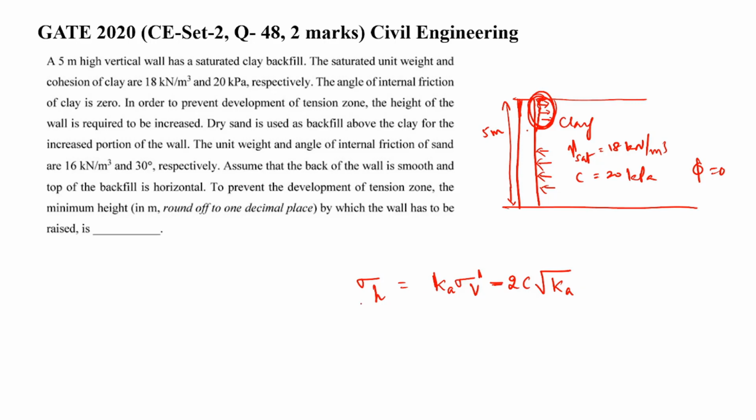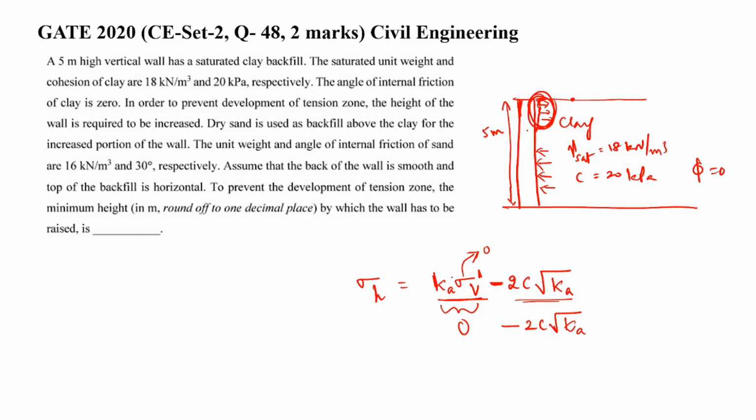At the top portion, what happens? This will be 0 because at the top surface there will not be any vertical effective stress. Because of that, this term will become 0. You will be getting only minus 2C root Ka at the top.